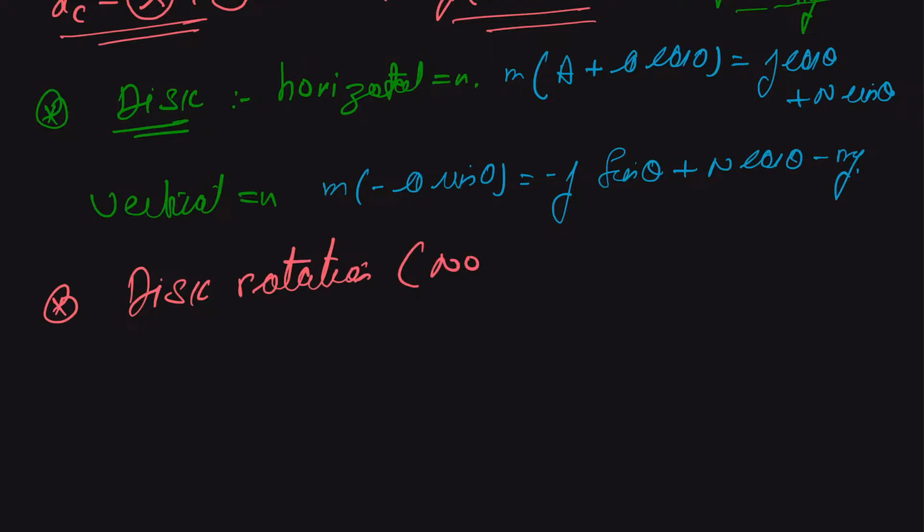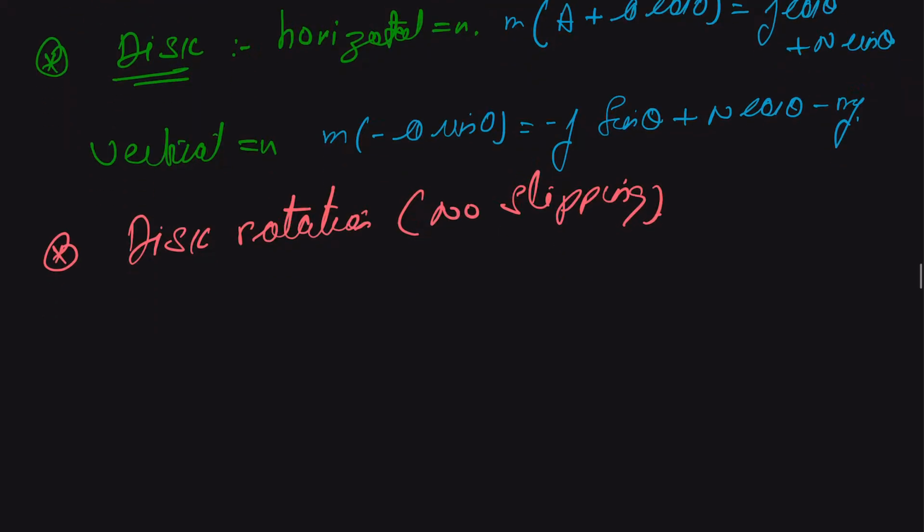Under the no slipping condition, we can write that minus friction times our radius will be equal to I times alpha, where alpha is our angular acceleration and a is the linear acceleration.